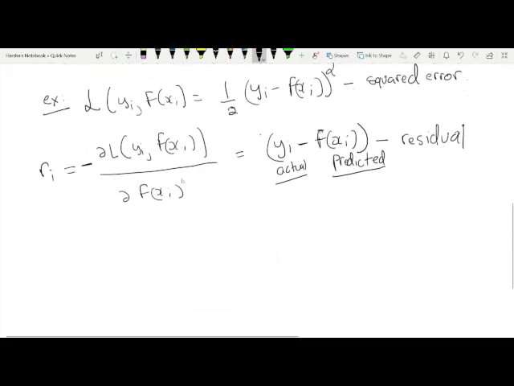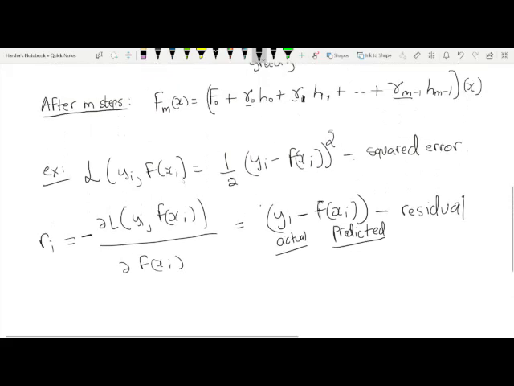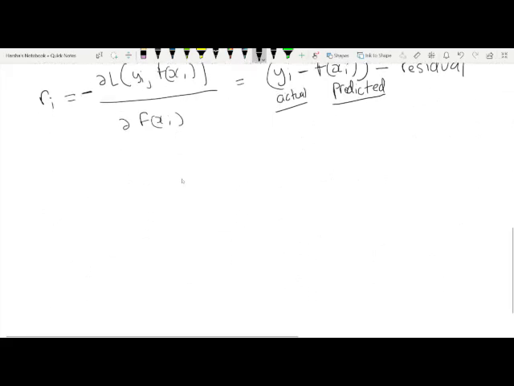Yeah, I'll also demonstrate what our initial f naught is in this case. If you remember, I'll rewrite what f naught is.